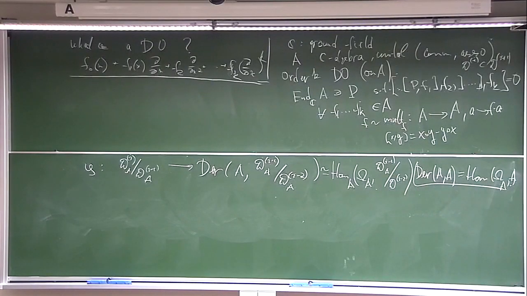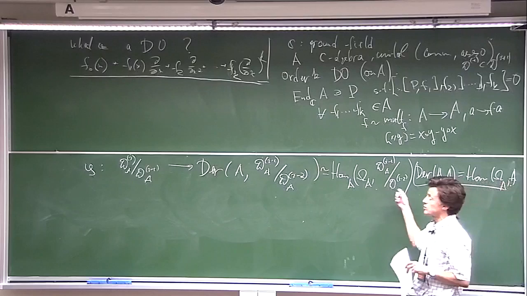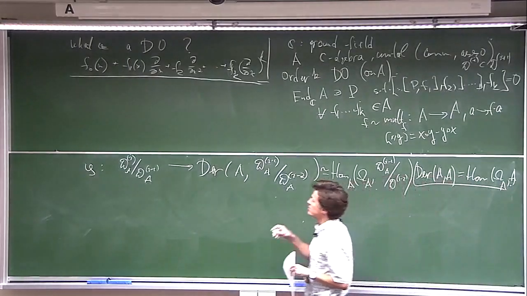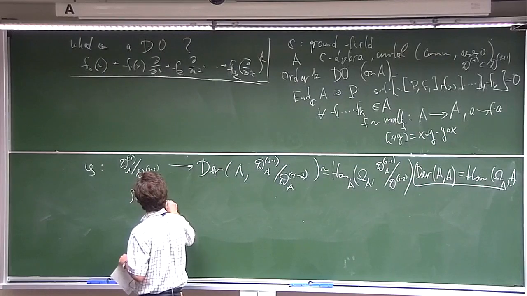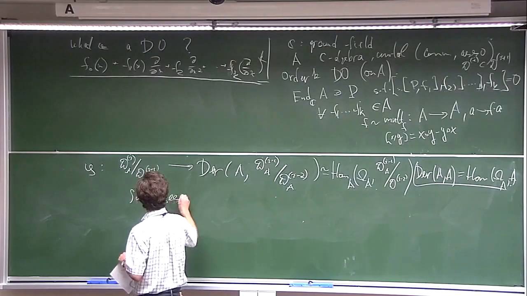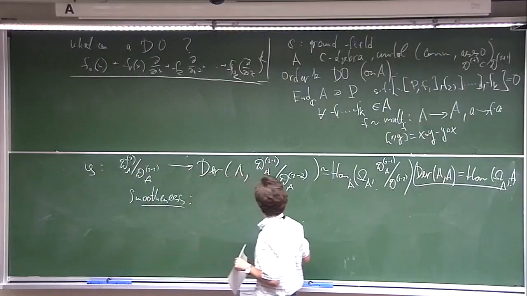Any questions? So what assumptions have we used so far? None, except those made at the very beginning. So this is always true. It's only at this point that I will use smoothness, in two ways.